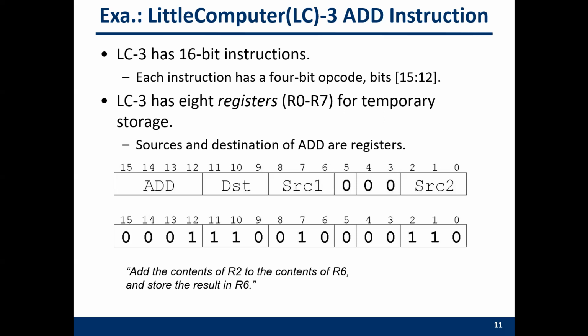So the meaning of this add instruction is to add the contents of R2, because you can convert this binary number to decimal, to the contents of R6, and store the sum to R6.